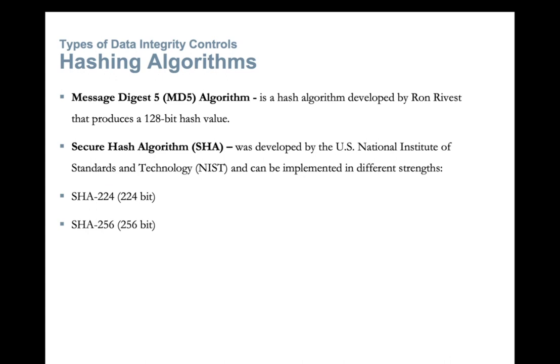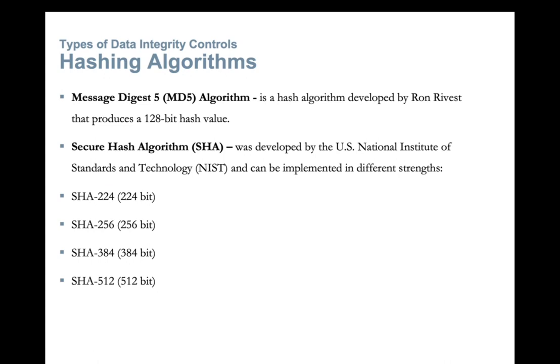That is SHA-224, which is 224 bit. Another one is SHA-256. The digest size, the hash value size, is 256 bit. Another one is SHA-384, so the digest size is 384 bit. Another one is SHA-512.